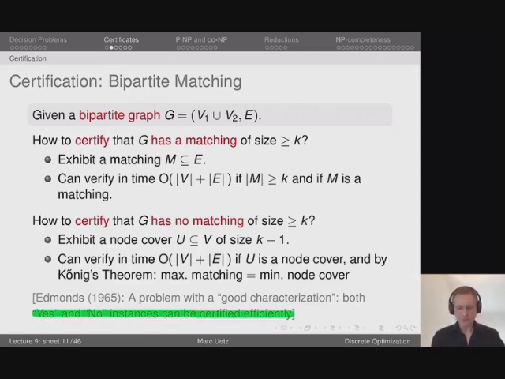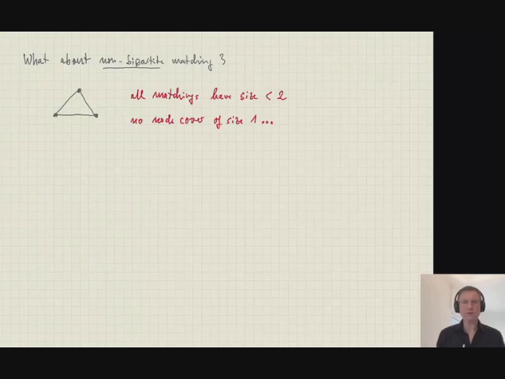So that was not so difficult for the bipartite matching problem. And as a side remark, what happens if we consider the matching problem in general, non-bipartite graphs? The certification of yes instances is still simple. It's exactly the same. But how do I certify no instances? And there I have to be a little bit more careful. So for instance, look at this trivial example graph again, the smallest non-bipartite graph, the triangle.